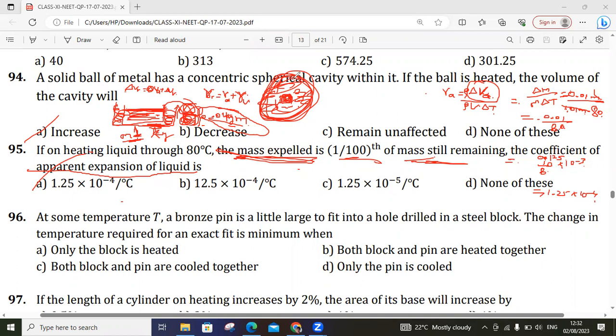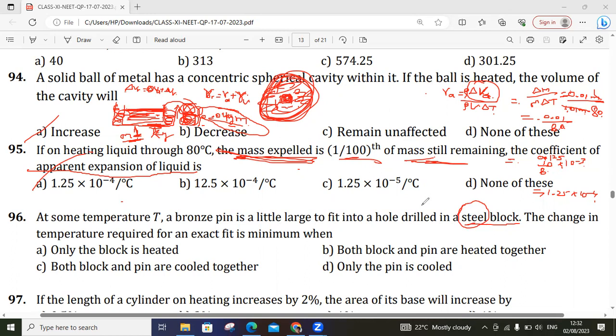We'll go ahead. At some temperature T, a bronze pin is a little large to fit into a hole drilled in a steel box. The change in temperature required for an exact fit is minimum. Okay, you should be knowing actually this. If you don't have any idea about that, then it will be a little problematic. That is, steel's coefficient of expansion is very high compared to bronze.